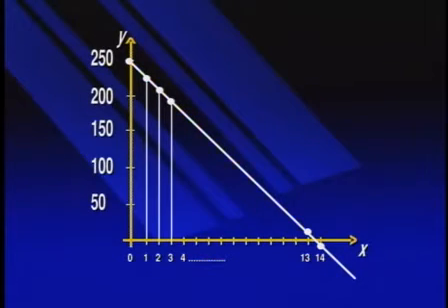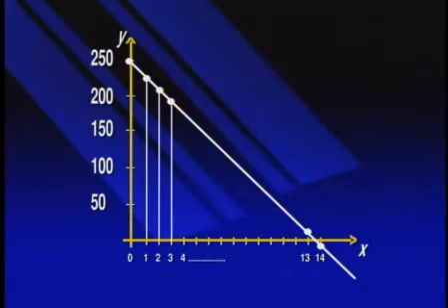As we follow the line downward, starting from the point (0, 250), which says that if I make 0 payments, I owe the full amount of 250. When I go to the next point, (1, 232), in this case means after I make 1 payment, I still owe 232, all the way down until my y values become 0. I cross the horizontal axis, I have paid off my debt.